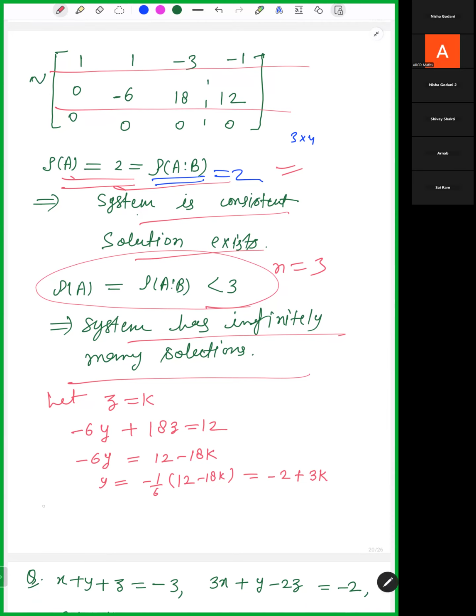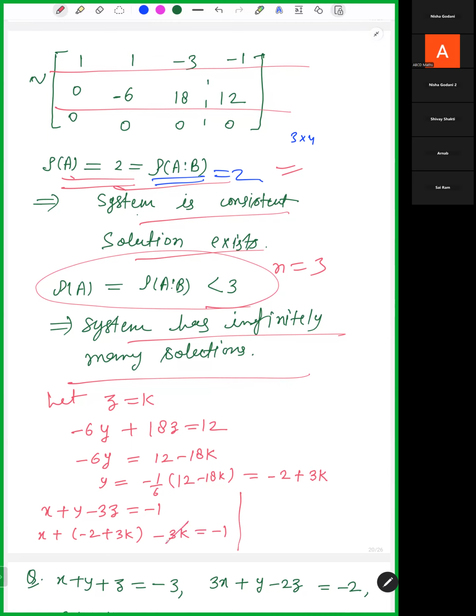Now, if we write equation from the first row of this echelon reduced matrix, which is in echelon form, you have x plus y minus 3z equal to minus 1. Now you have values of y and z, so you can find value of x. So x will be what? x plus y is minus 2 plus 3k, then minus 3k equal to minus 1.